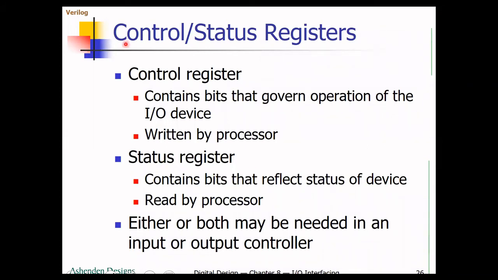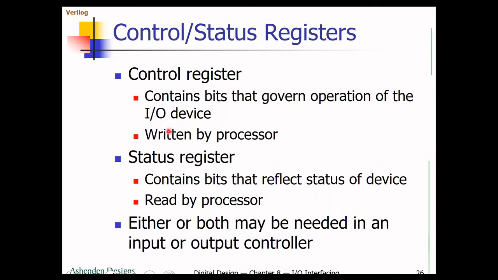Why do we use these? The control register tells the device what operation the processor is trying to perform, written by the processor. Whether it is an input device or an output device, the control register makes the decision.